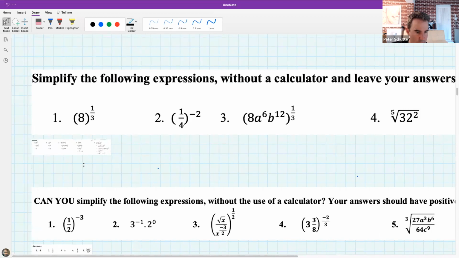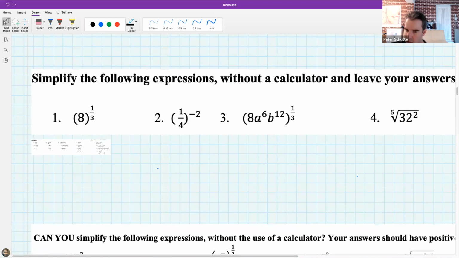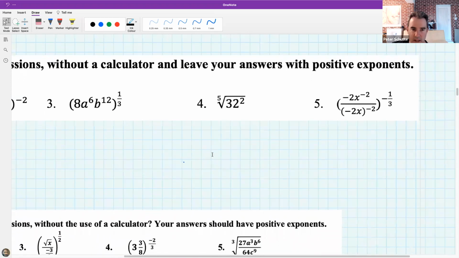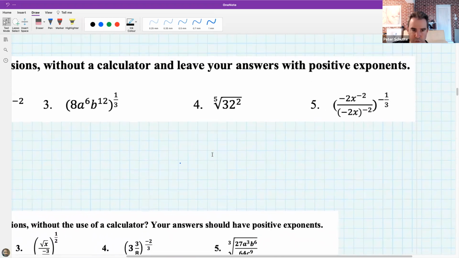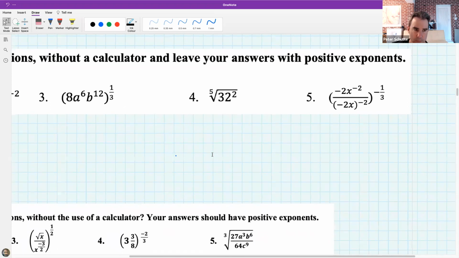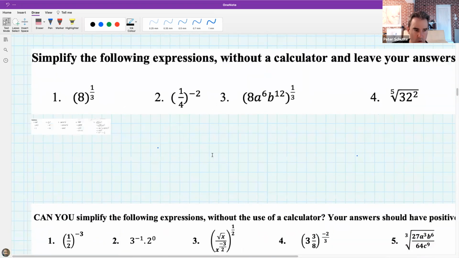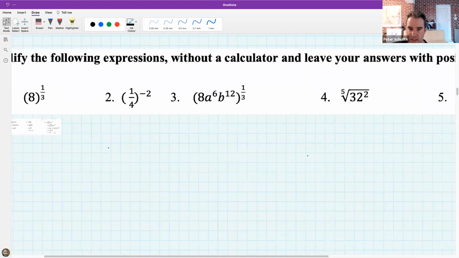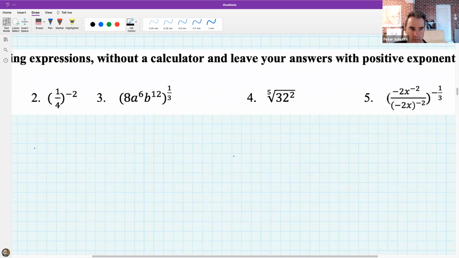Oh, why is that not working there? Now, in order to do question 4, we may need, oh, let's see how you go. So let's try and do question 3, 4, and 5 that are on the board right now.